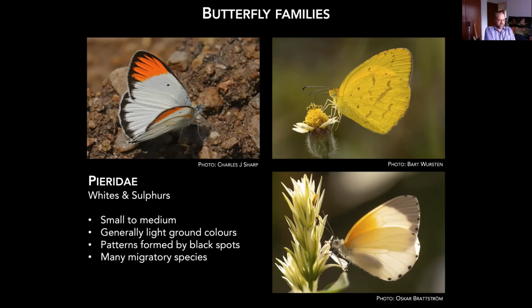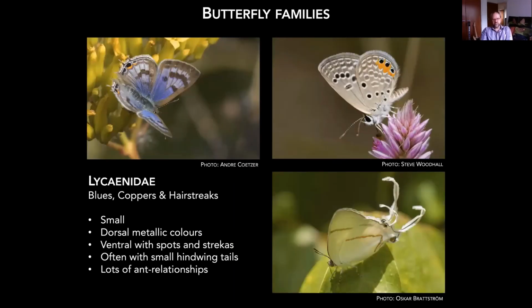Then we have the Lycaenids, which are the blues, the coppers and hairstreaks. This is a very diverse group and quite hard to describe, but they generally have some sort of metallic colors. They're not always blue like this in the picture. They can be reddish, copper colored, sometimes almost bronze. Ventrally, the patterns are often made up of either these spots or a combination of streaks that sometimes merge into bands.